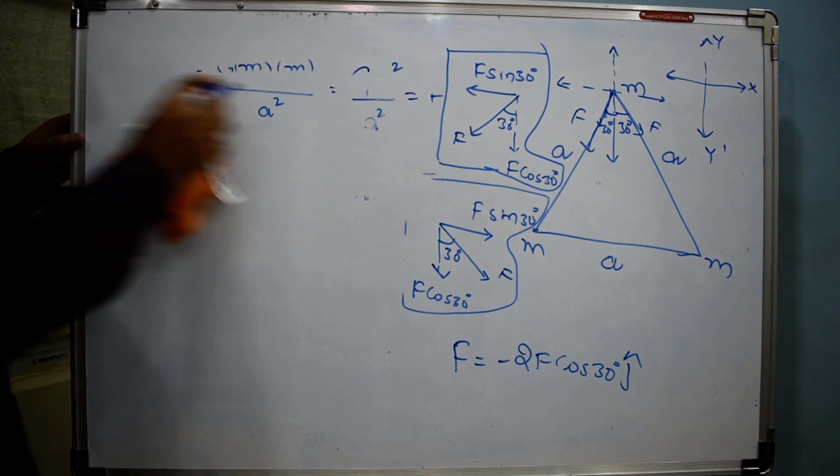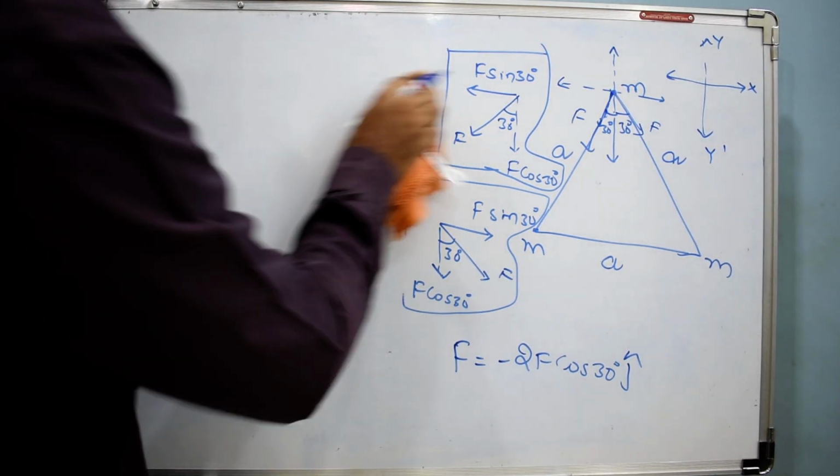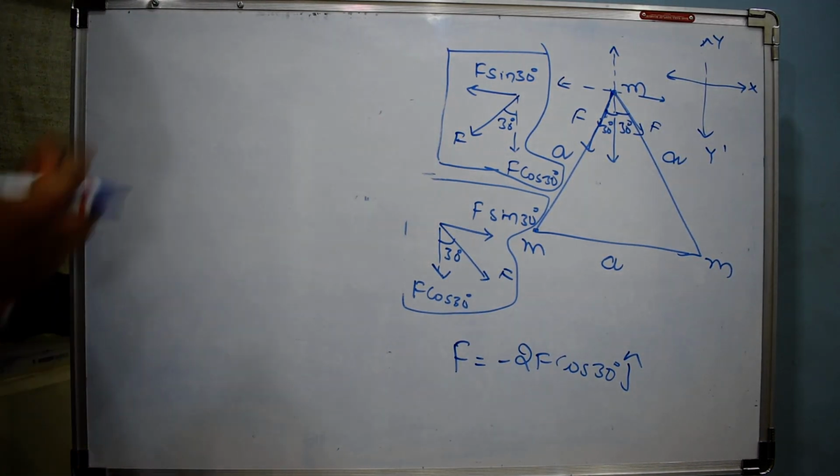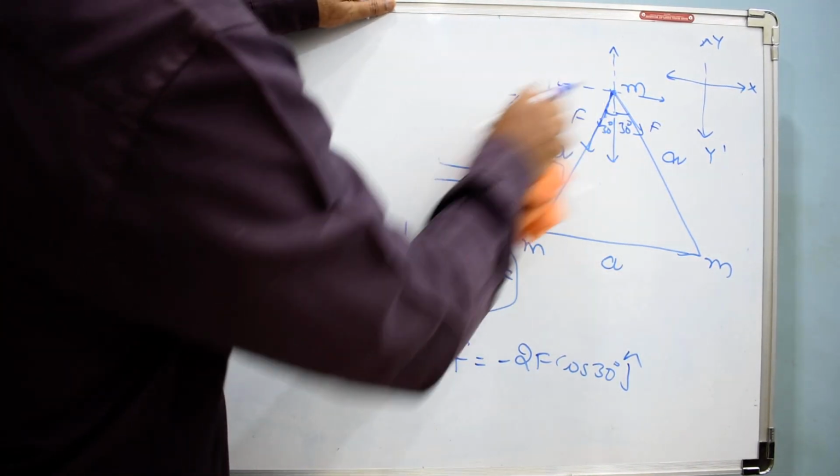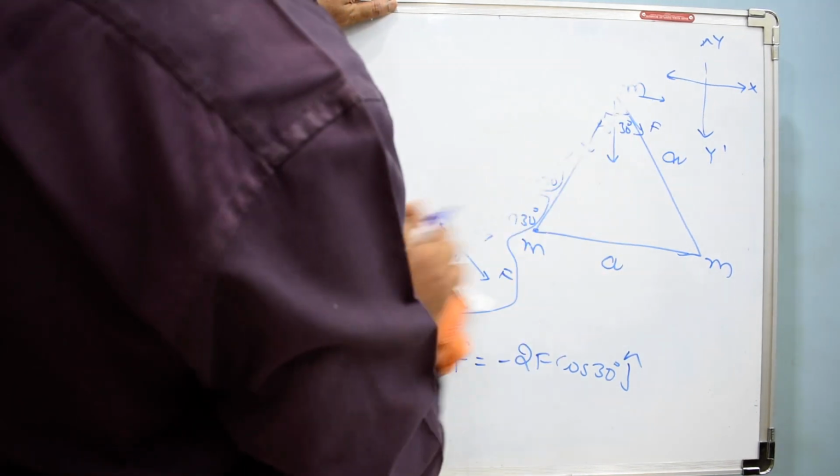And the next thing we'll be doing, having explained this in detail, I will not be explaining in detail, because the next one involves the same procedure of finding the resultant force.